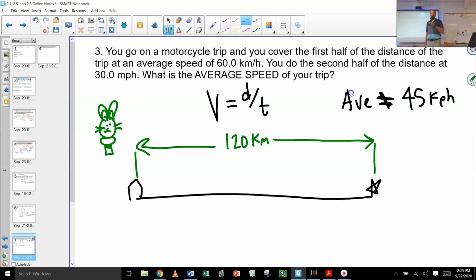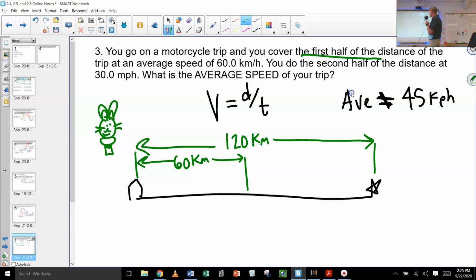It's a magic number. And I drew a rabbit in the hat because you know why that rabbit is smiling? Because he likes physics. I made up the number 120 because it says when I do the first half, that means the first half of this is 60 kilometers. It makes the math really easy.